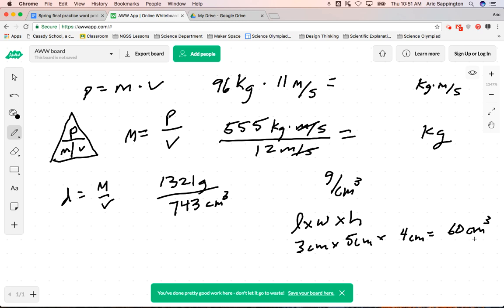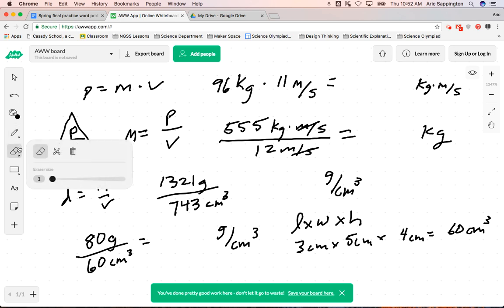So now we have our volume to put into our equation. And our mass is 80 grams divided by 60 centimeters cubed. So when we get our answer, we'll be in grams per cubic centimeter, and that is the units for density, so we must have done that right.